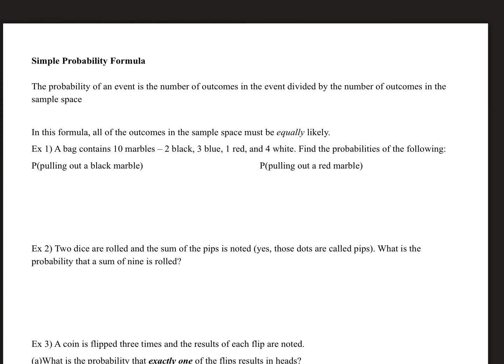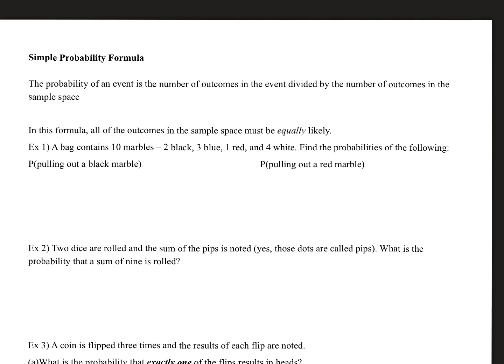So we all know that the probability of flipping a coin and getting heads is 1/2, and the same with tails. So the probability of an event is the number of outcomes in the event divided by the number of outcomes in the sample space.